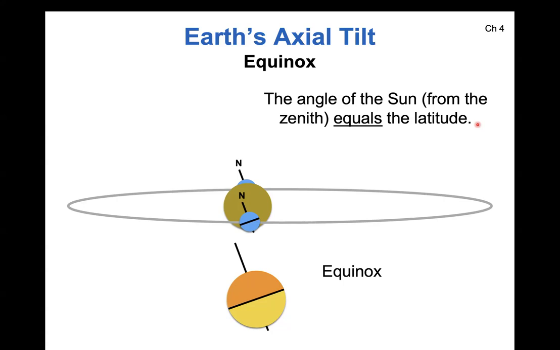So at the equinox, every single latitude on Earth has a 12-hour day and a 12-hour night. So that is just universal. But what it means to have a 12-hour day and a 12-hour night is not universal across every single latitude.